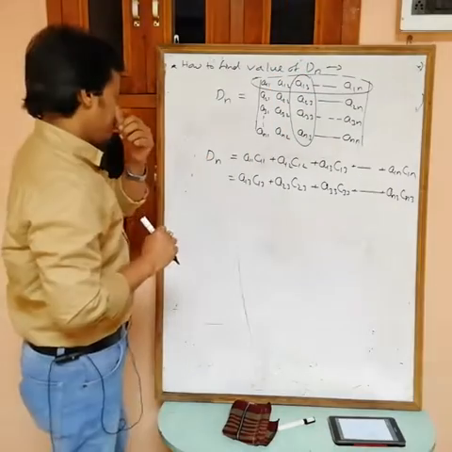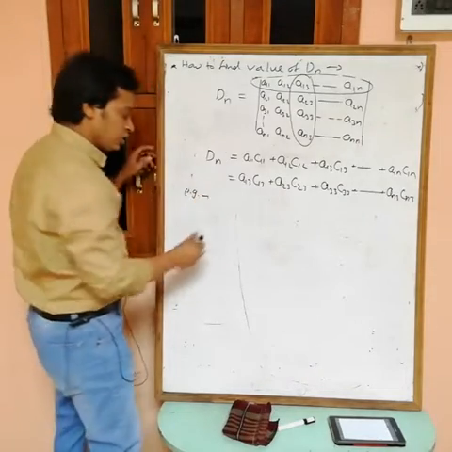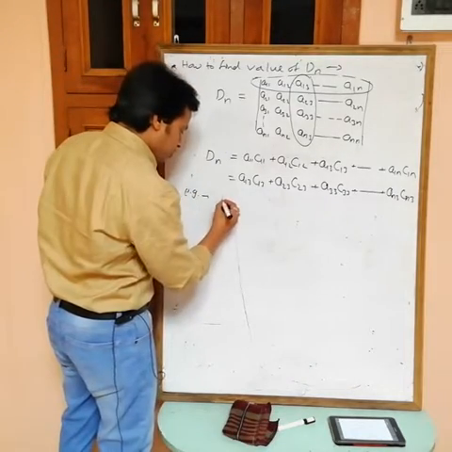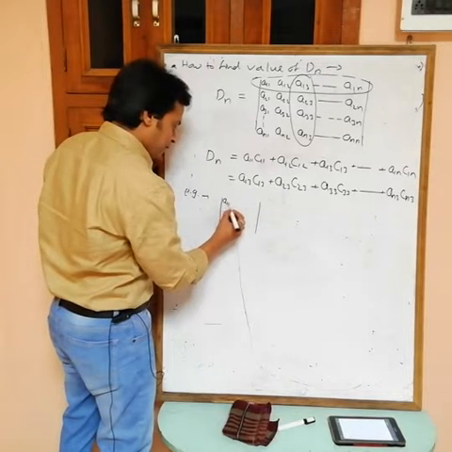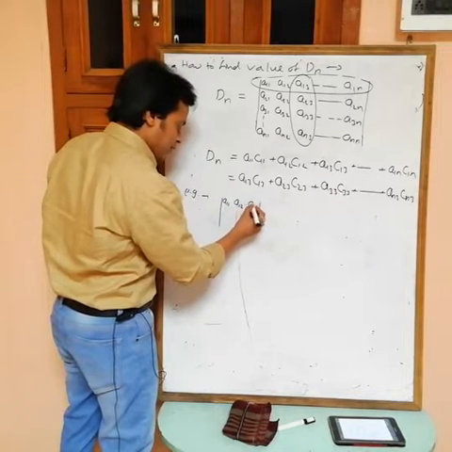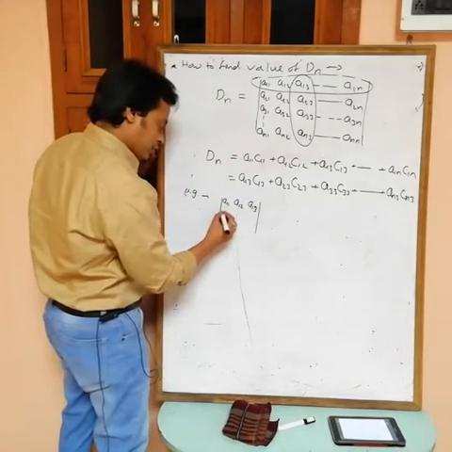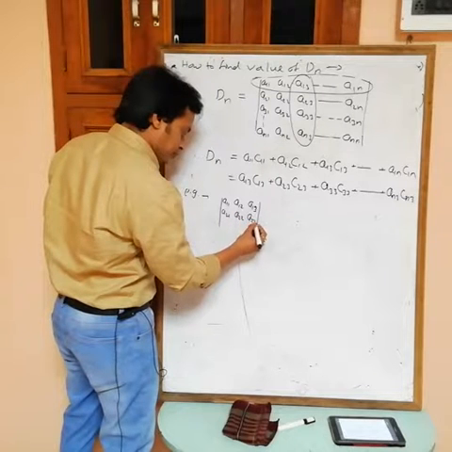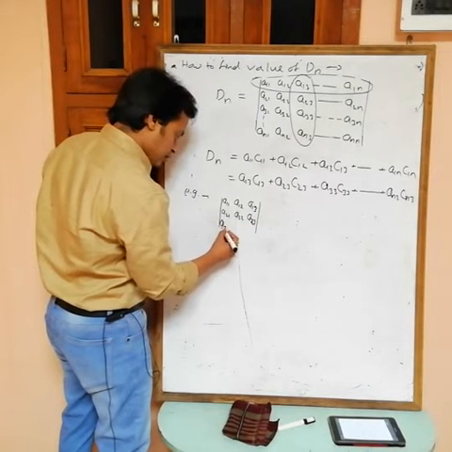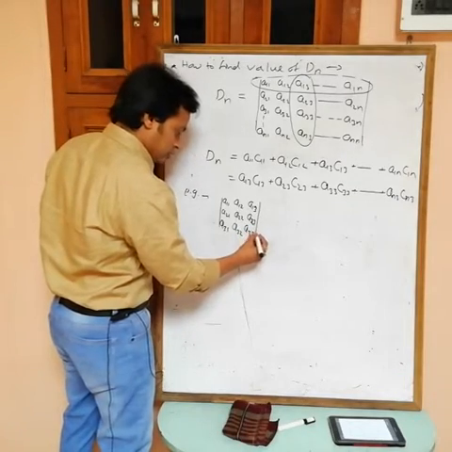Now for example, suppose I want the value of this determinant: A11, A12, I am taking a 3 by 3 order, A21, A22, A23, A31, A32, A33.